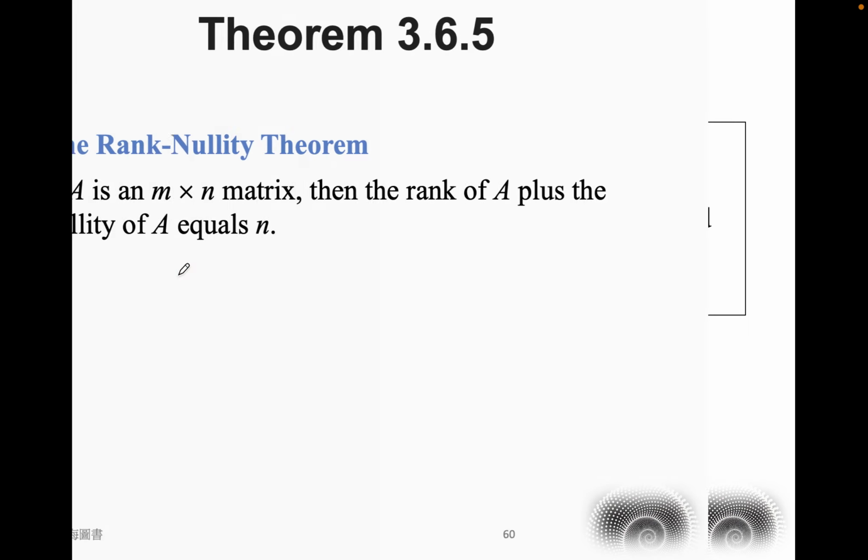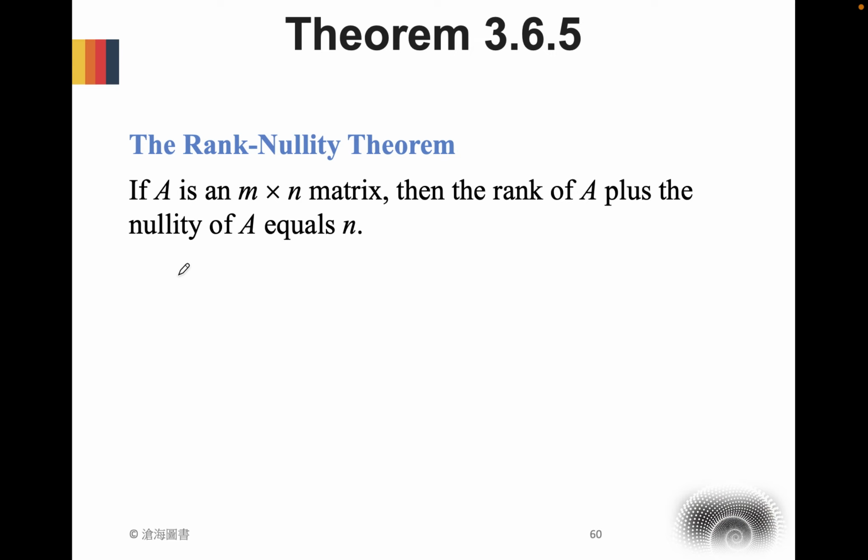Nullity. Okay. So if A is an n by n matrix, then the rank of A plus the nullity of A would equal n. This is called the rank nullity theorem.